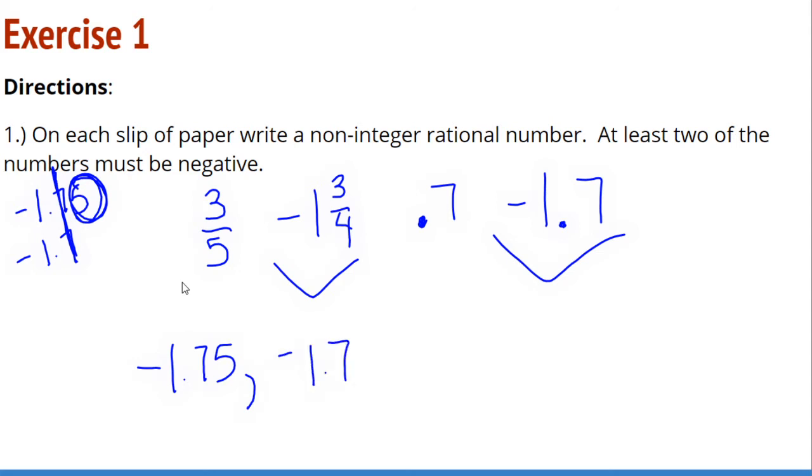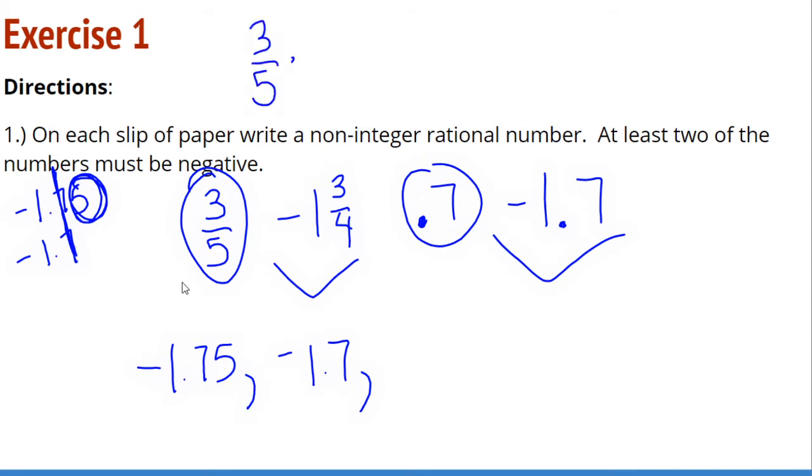Now that leaves me with my other 2 numbers, 3/5 and 7/10. And the question is, which one is less and which one is greater? Well, the 3/5 here would be really easy to scale up to make tenths. Just multiply by this fraction equal to 1, and I will have 6, 3 times 2.